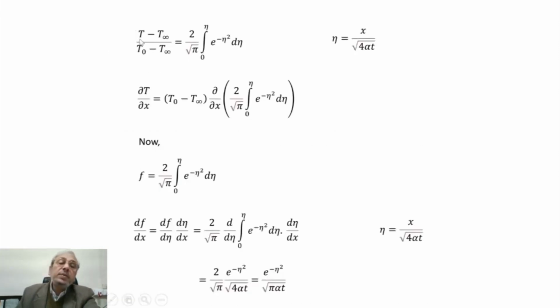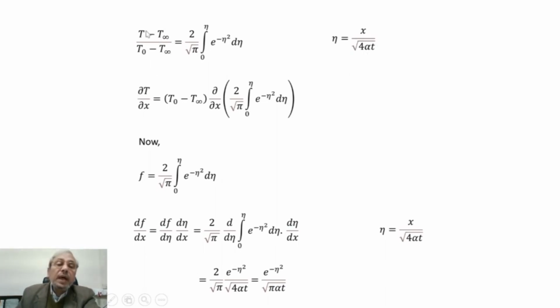Now, since we got T minus T infinity divided by T0 minus T infinity, that was our final solution, 2 by root pi integration 0 to eta e to the power minus eta squared d eta, where eta is given by x divided by root over 4 alpha t.